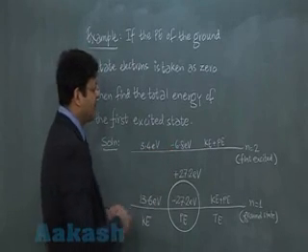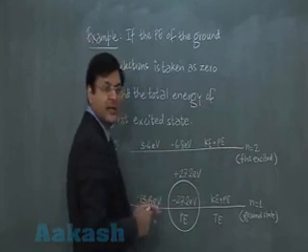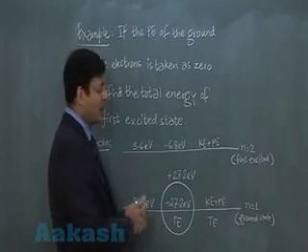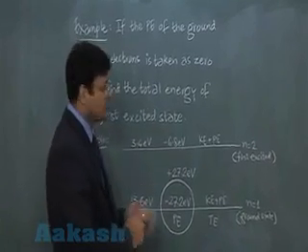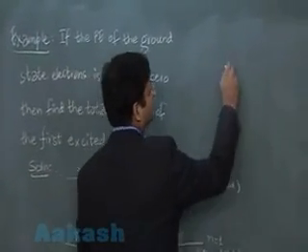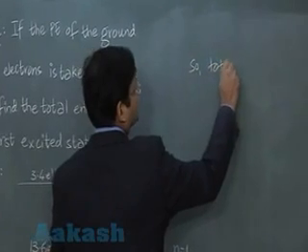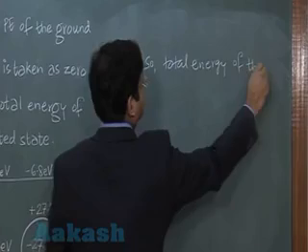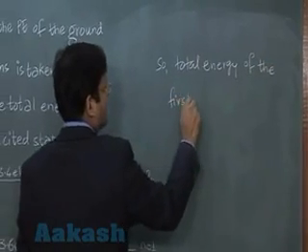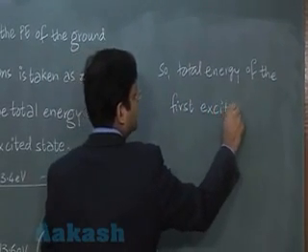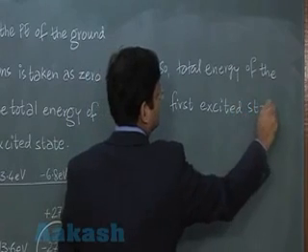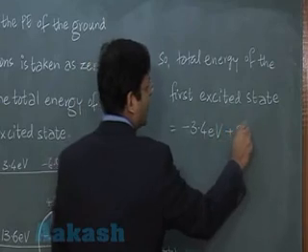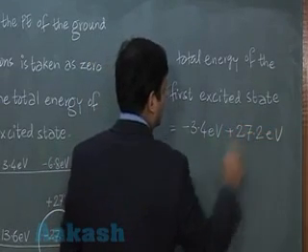तो फर्स्ट एक्साइटेड स्टेट में अगर अब फिर हम टोटल एनर्जी की वैल्यू लेंगे तो जो भी अर्लियर वैल्यू थी उसमें 27.2 ऐड करना होगा आपको. अर्लियर वैल्यू was -3.4, so total energy of the first excited state is equal to -3.4 electron volt plus 27.2 electron volt.